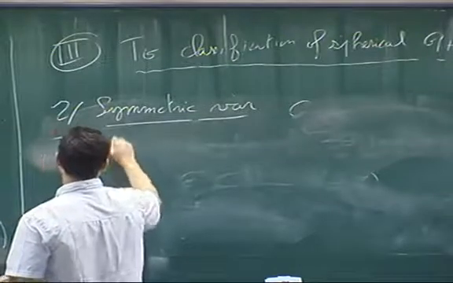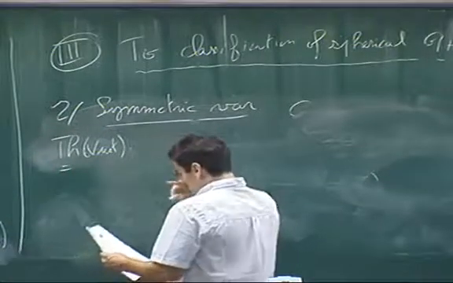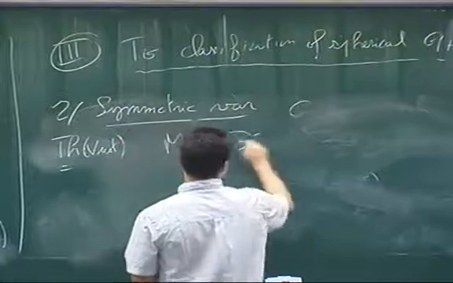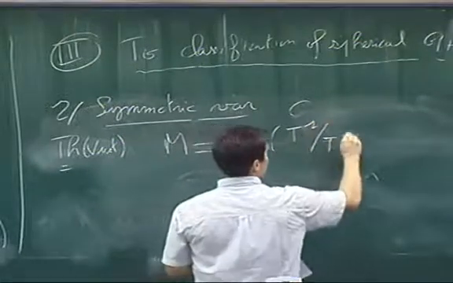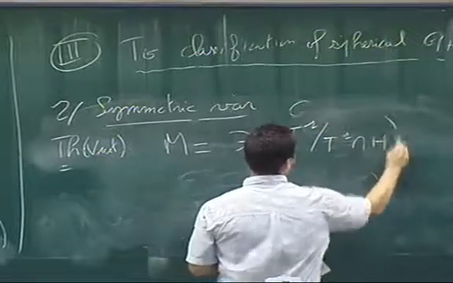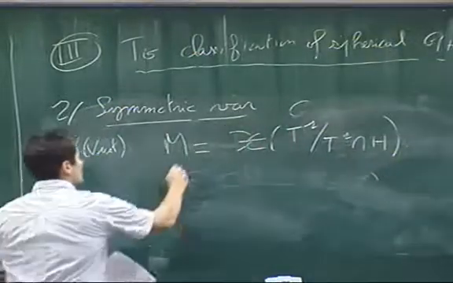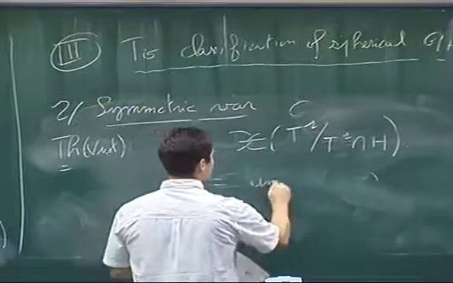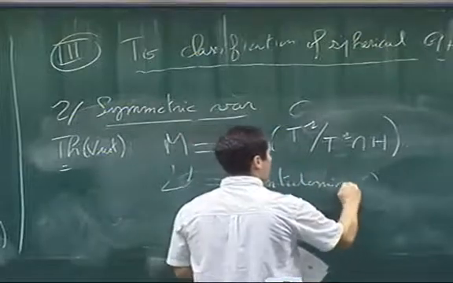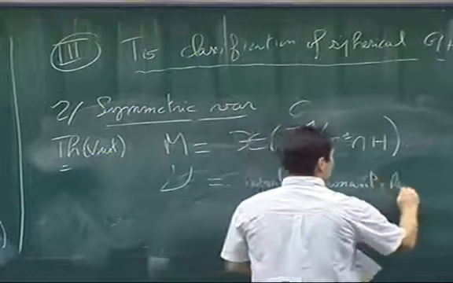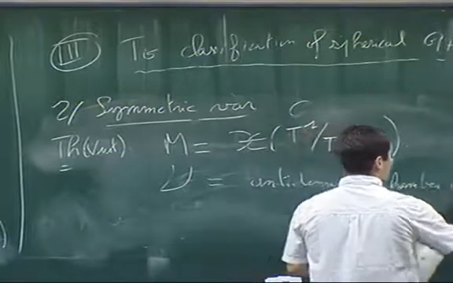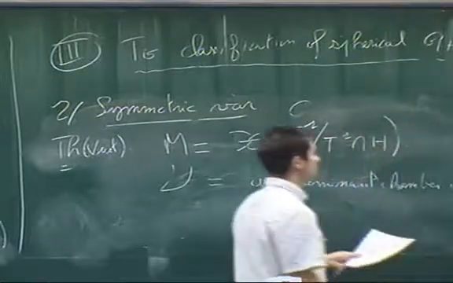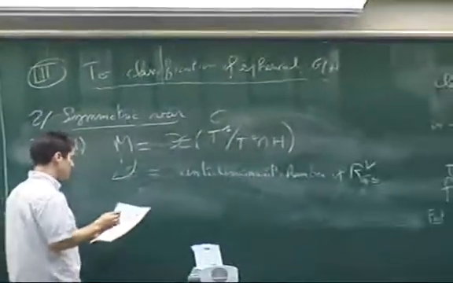So the theorem of Wüst says that if we have G mod H, M is the characters of T1 quotiented by T1 intersect H. The valuation cone nu is the antidominant chamber of R, G, theta dual. I will give some pictures later to explain this.